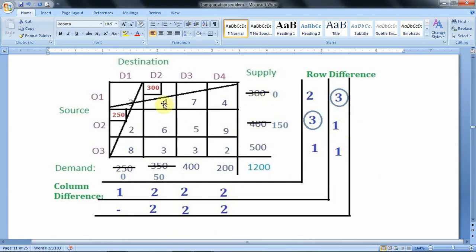So allocate the maximum units, here 300, here 350. So 300 units can be allocated to that cell. Here the remaining units are 0. Here 350 minus 300, the remaining is 50 units. So this first row is completed, so cross out that one.